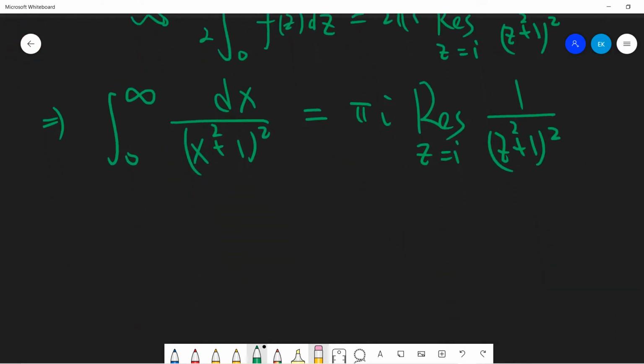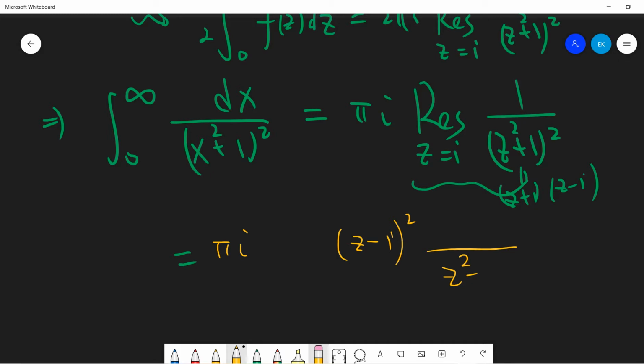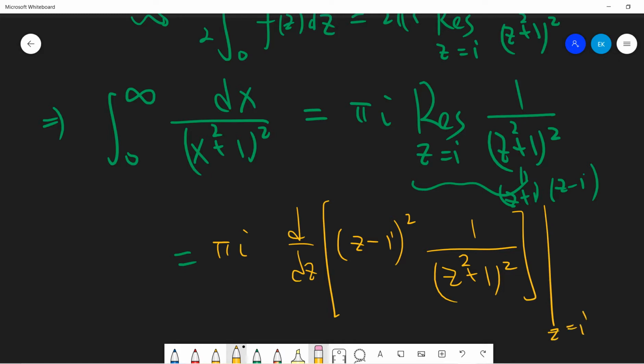Finally this can be computed, right? Remember this is (z plus i)(z minus i), so this is a second order pole. By the residue formula, we need to multiply by (z minus i) squared to cancel the pole, do the differentiation, and put z equals i.